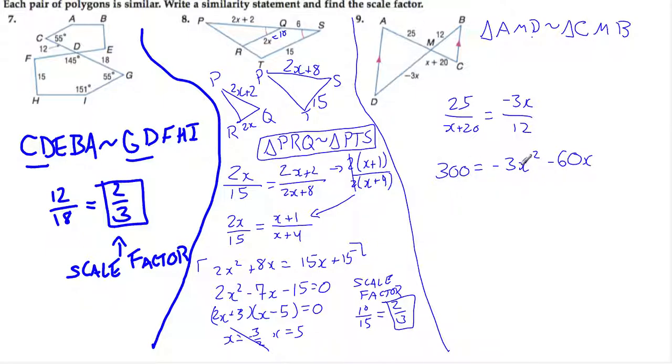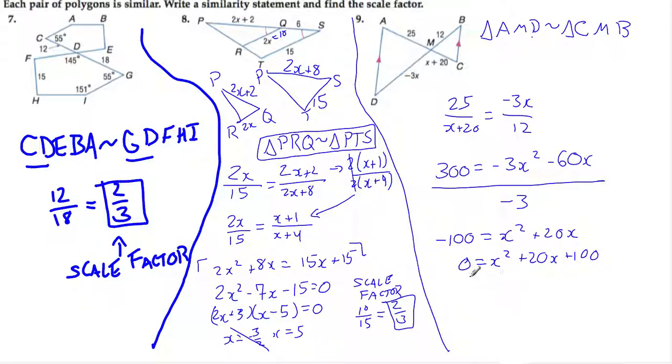Everything has a factor of 3, so I can actually divide the whole thing by negative 3. And so that actually leaves me with a negative 100 is equal to x squared plus 20x. If I add 100 to both sides, I get 0 is equal to x squared plus 20x plus 100.